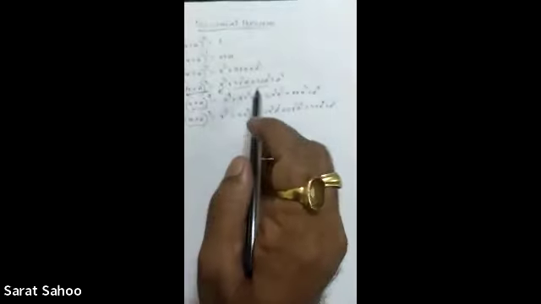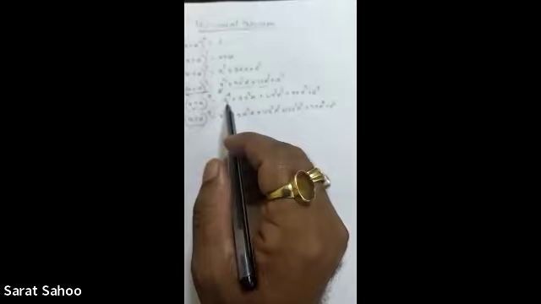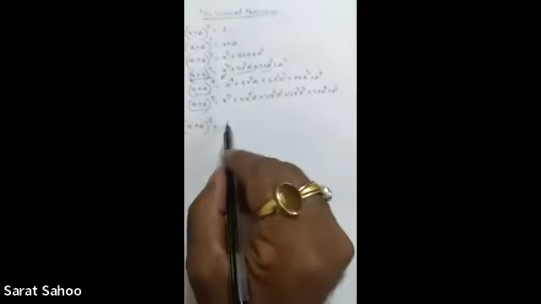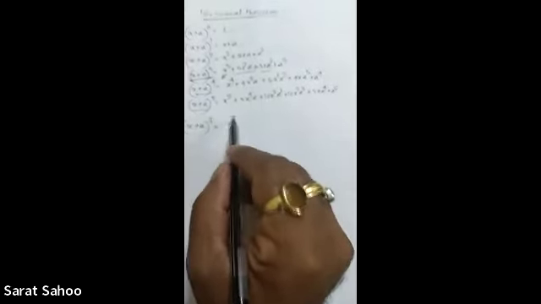If we move from left to right, in any expansion, the power of x decreases by 1 and the power of a increases by 1. So keeping all these facts in mind, suppose we want to write the expansion of (x plus a) to the power 7. Without the coefficients, we can write x to the power 7.